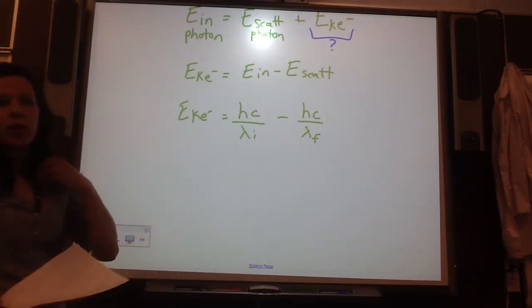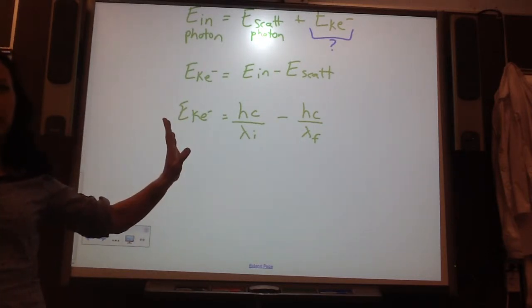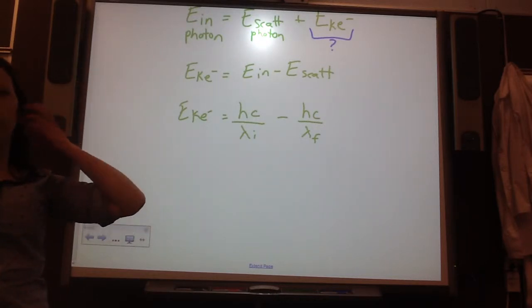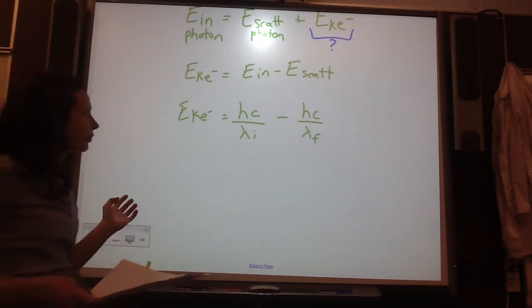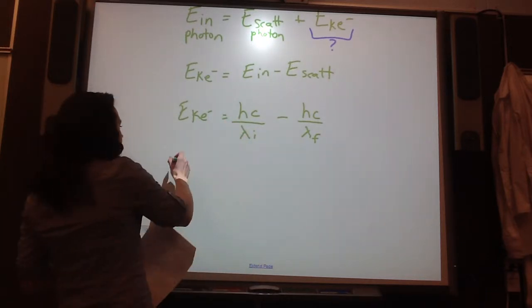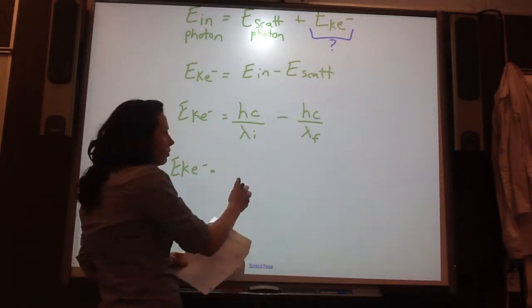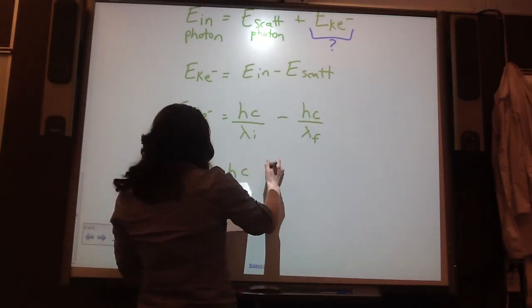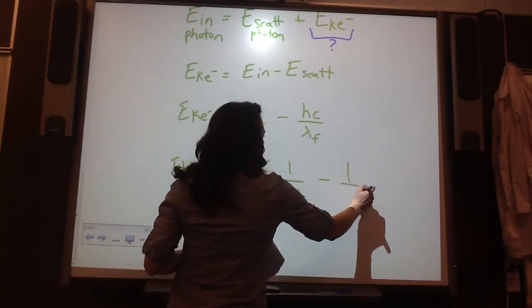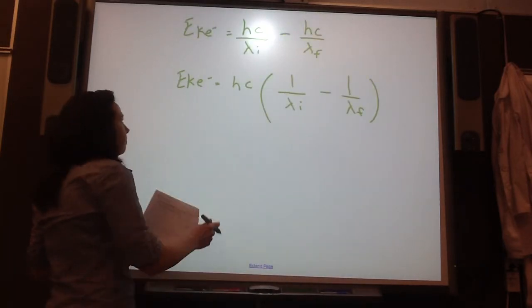You could plug in all your values at this point, or summarize one more step so you have less to put into your calculator. H and C are the same in both, so we can factor them out. So h times c, times 1 over lambda I minus 1 over lambda F.